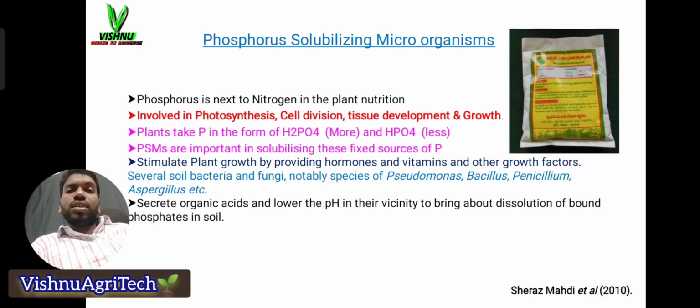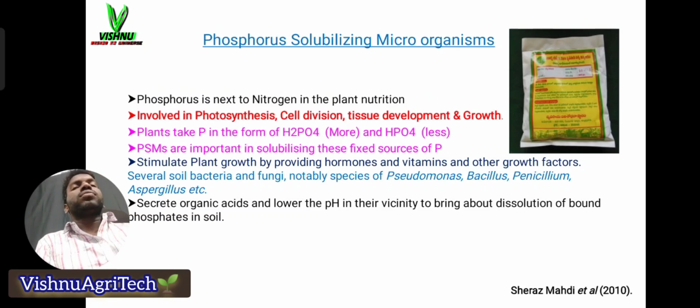Phosphorus solubilizing microorganisms are important in solubilizing these fixed sources of phosphorus. They stimulate plant growth by providing hormones, vitamins and other growth factors. Fungi and notably species of Pseudomonas, Bacillus, Penicillium, Aspergillus, etc. secrete organic acids and lower the pH in their vicinity to bring about dissolution of phosphates in soil.